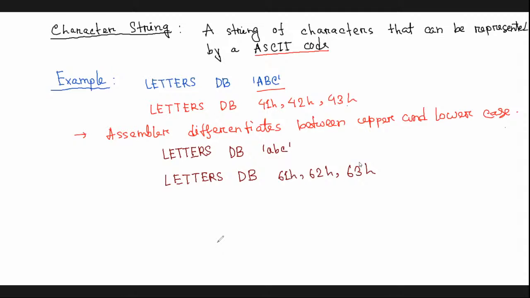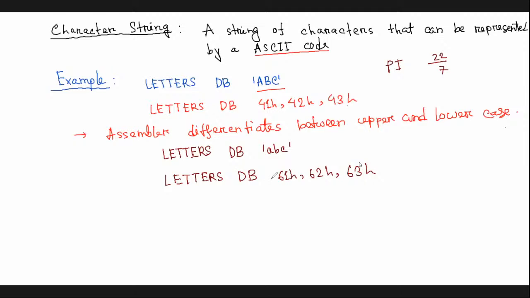Constant means the value always remains the same. For example, pi is a constant. What is the value for pi? 3.1416. To be exact, it is 22 by 7, or you can write 3.1416. That is also correct.